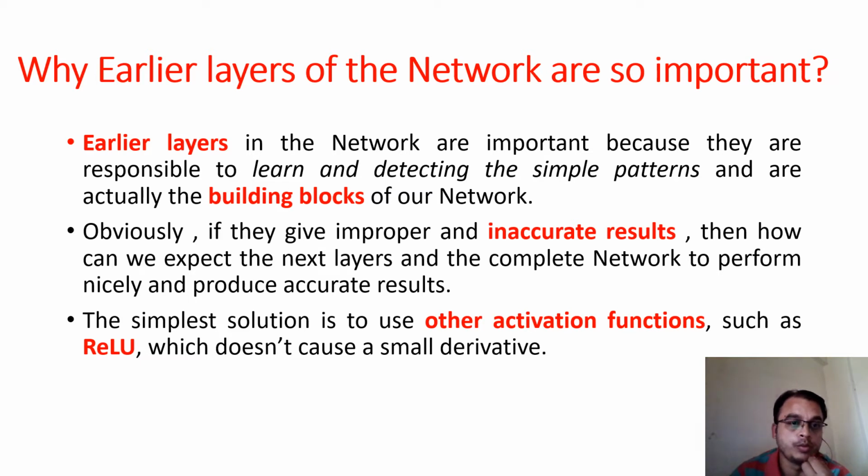Now the next part: why are the earlier layers of networks so important? What do we call the earlier layers? In a deep neural network, from input to output there are some hidden layers, and the hidden layers nearest to the input we call the earlier layers. The earlier layers are important because they are responsible for learning and detecting the actual sample patterns, which we call the building blocks.